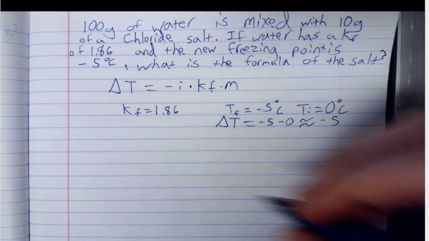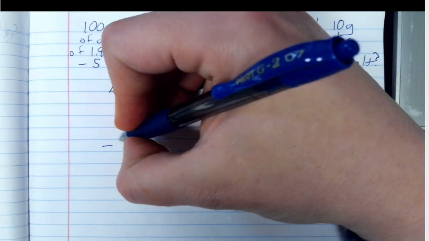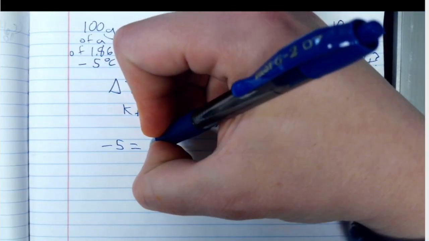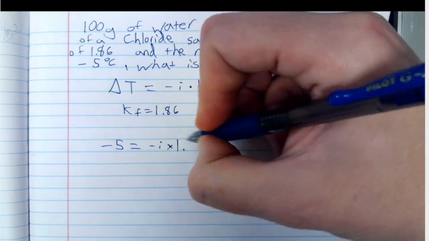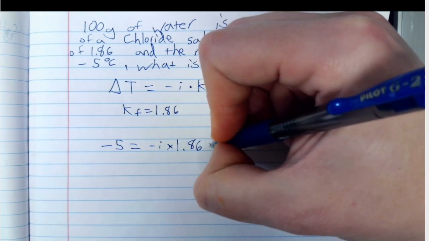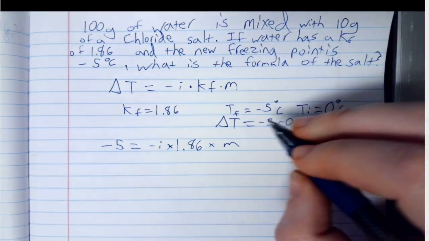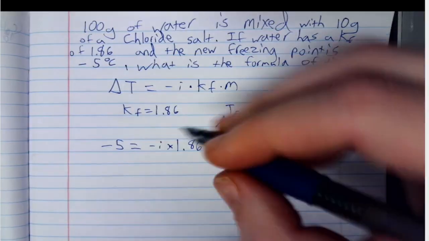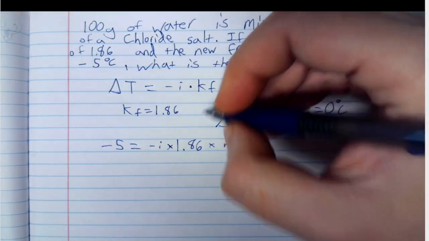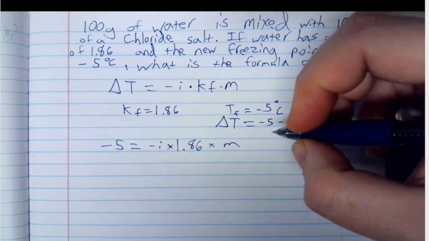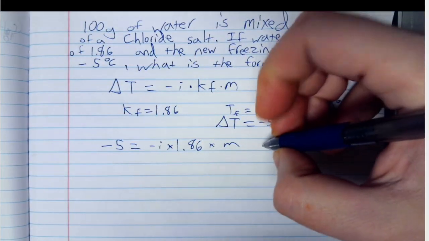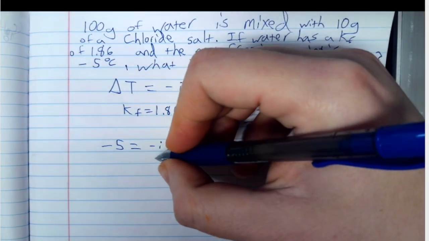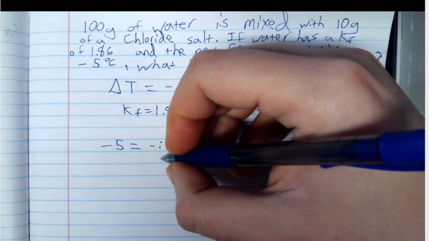Okay, so we have negative 5 equals negative i times 1.86 times m. Now, we can try various i's. Let's start with just an i of 2. What would we get if we have i of 2?